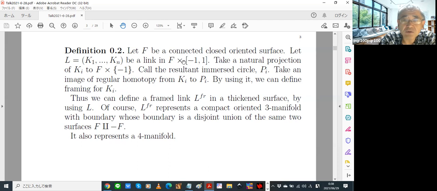The projection of L to F cross minus 1. Take an image of regular homotopy from Ki to Pi. By using it, we can define framing for Ki. Thus, we can define a framed link in a surface by using L.